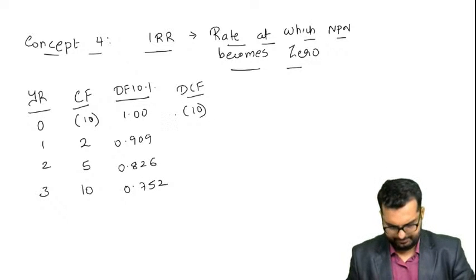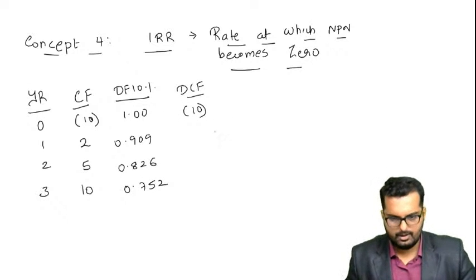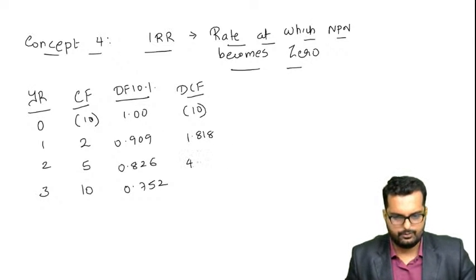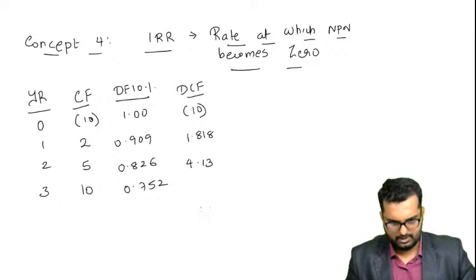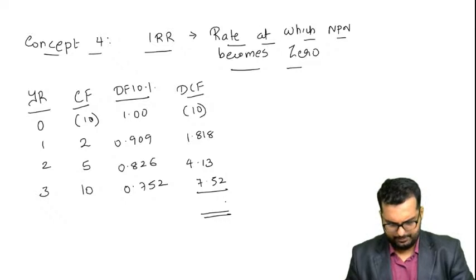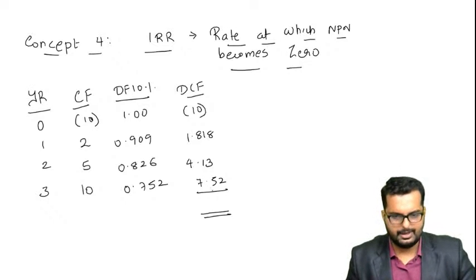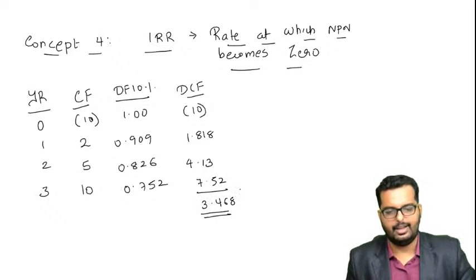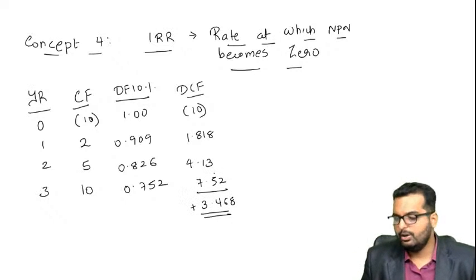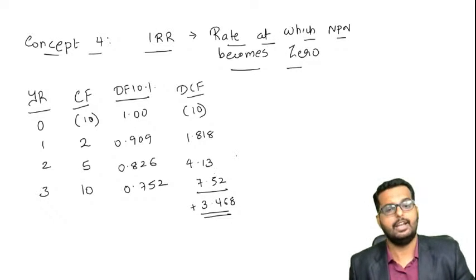I get minus 10, 1.818, 4.13, 7.52. Am I right? Here I am getting the answer as 3.468. So my NPV is what? Positive or negative? Positive. In order to get IRR, I should get a negative NPV.